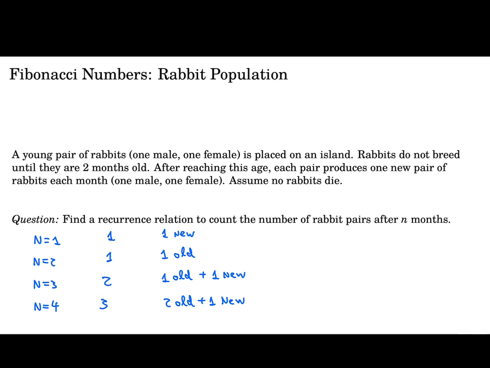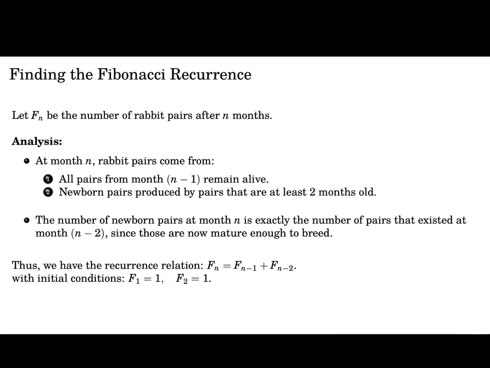This is called the Fibonacci numbers. So what do they look like? If we let Fn be the number of rabbit pairs after n months, like we did, let's see how we can find Fn. At month n, every rabbit pair from month n minus 1 is still alive, because no rabbits die. So we already have Fn minus 1 pairs coming from the previous month.